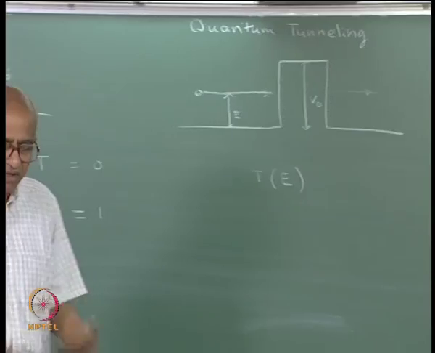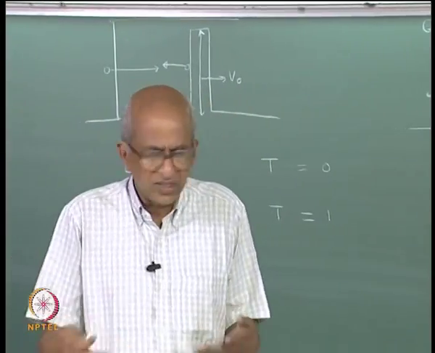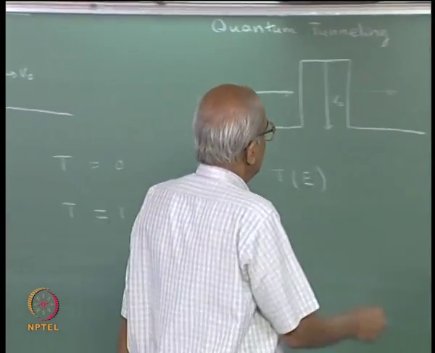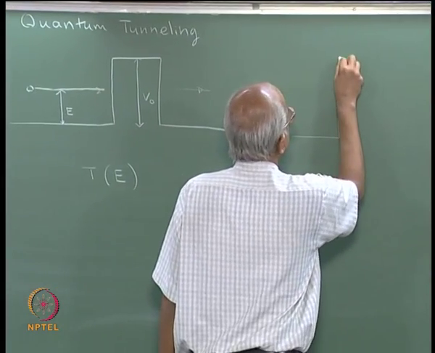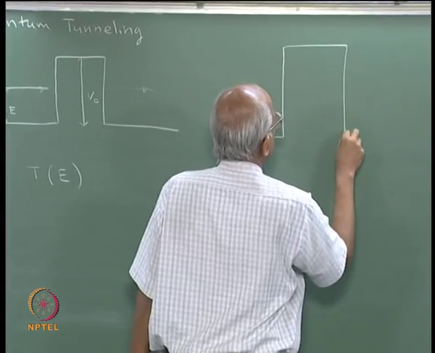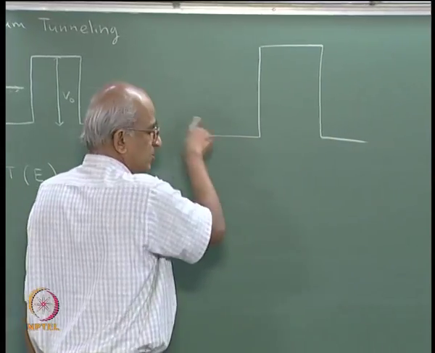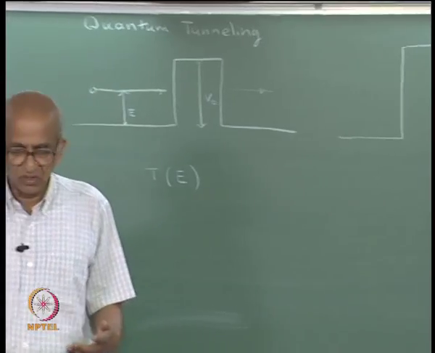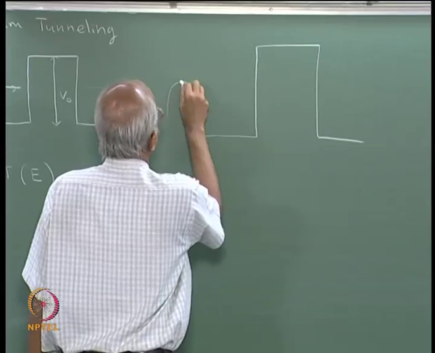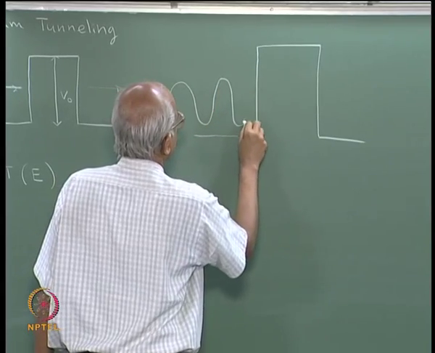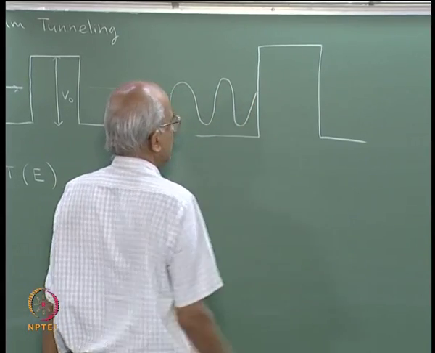Now when you think of it quantum mechanically, this is not very surprising that it happens. Why is it so? Well, let me draw one more picture showing why it happens. This is my barrier. Remember, the incident particle has a wave nature. So, therefore, you will have a wave incident from this side. So, I can represent it something like that. Okay.